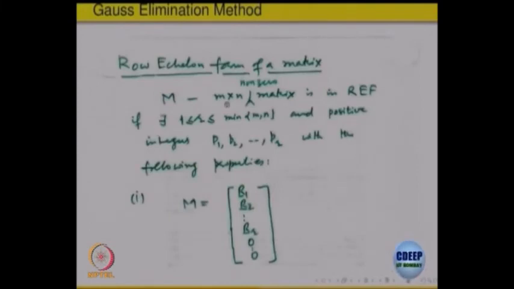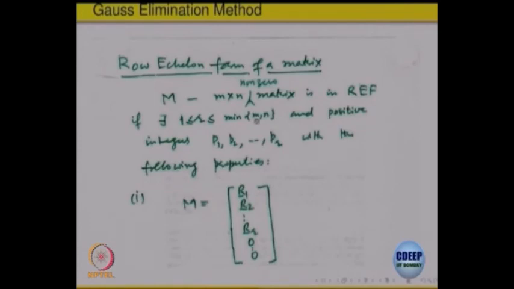For a non-zero M cross n matrix, there is a number R. Why does this have to be between 1 and the minimum of M and n? Because R rows are non-zero, R has to be less than or equal to the number of rows M, but the non-zero entry is going to come in a column.